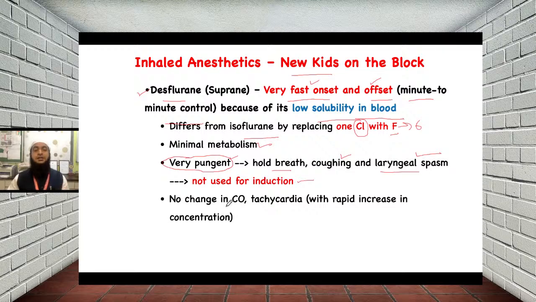Let's see the effect on other organs. There is no change in cardiac output, but tachycardia is seen with a rapid increase in concentration. To overcome tachycardia, you don't go for a rapid increase in the concentration of desflurane. If you need more concentration, you can increase it slowly by giving a carrier gas along with the desflurane, which is neutral in nature, so that you are not giving a very high dose rapidly.